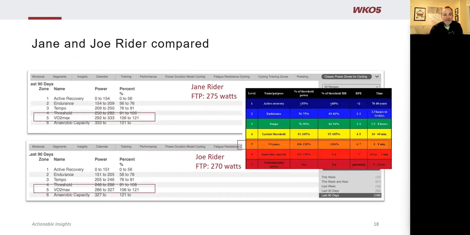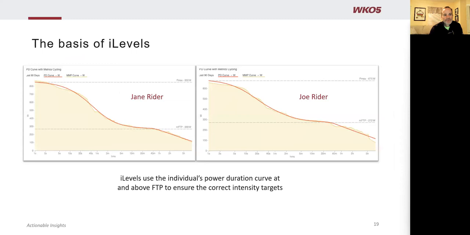Okay, well, what happens if we take these two and, instead of using FTP as a single anchor point for all training, we use the entire power duration curve, all the data, to better individualize their training intensity targets and maybe even their training time targets? Well, that's what iLevels does.